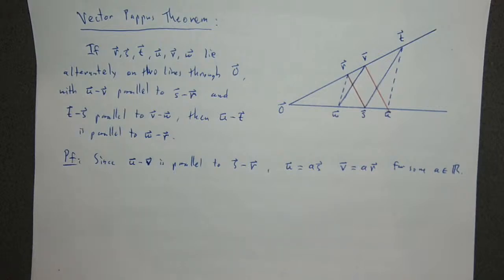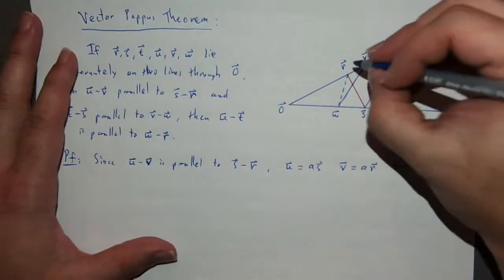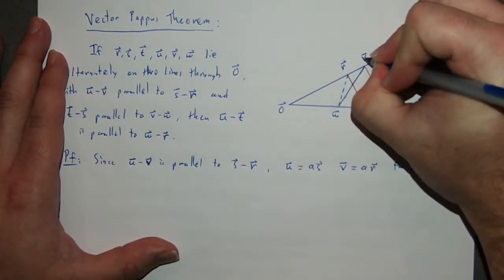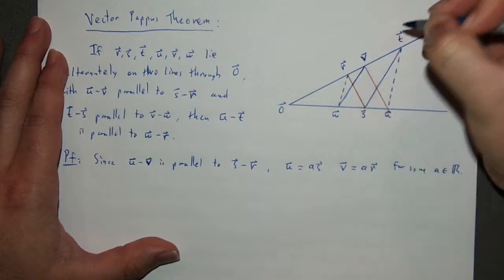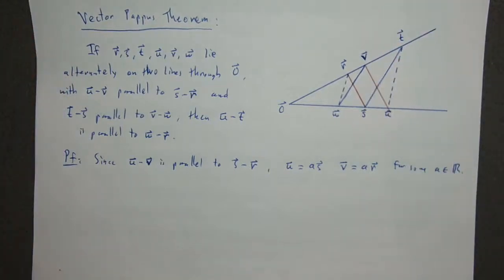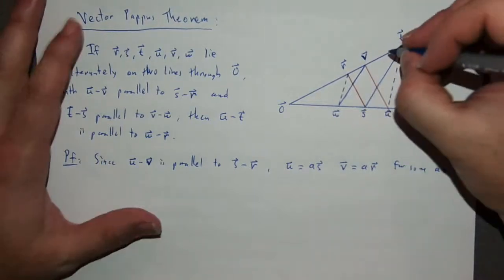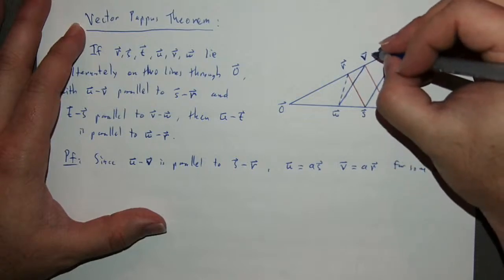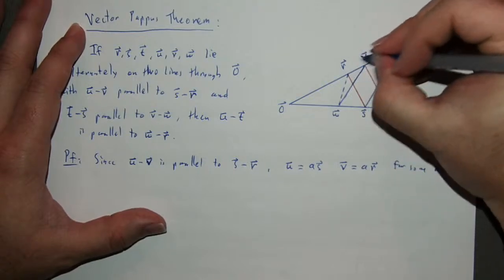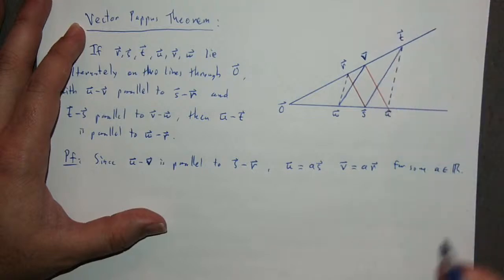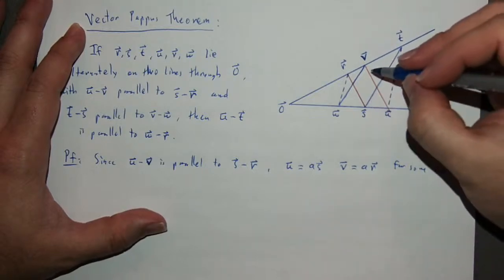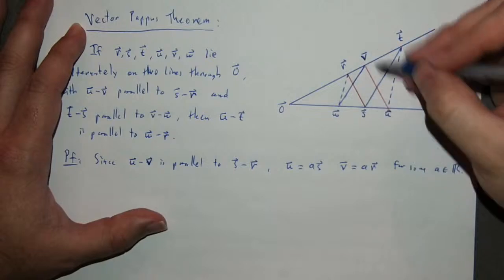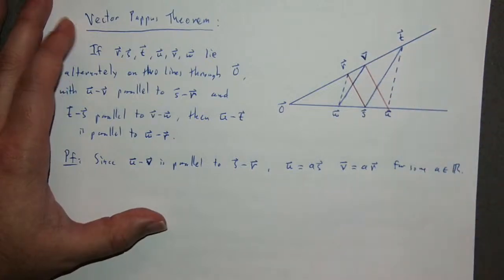Okay, so let's see here. So here is R. Here is V. We know that V and R are scalar multiples, but the fact that these red lines are parallel means that the scalar multiples have to agree.